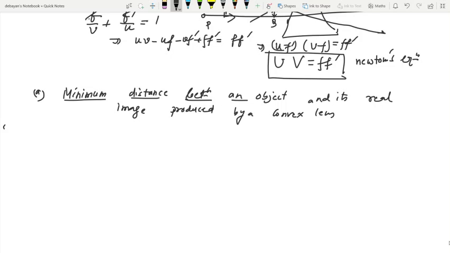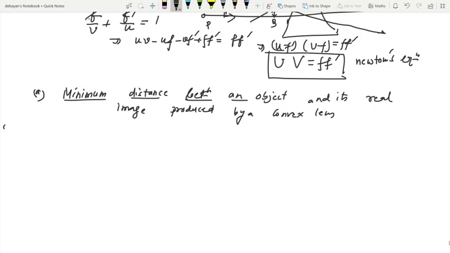So suppose we consider a convex lens in air.